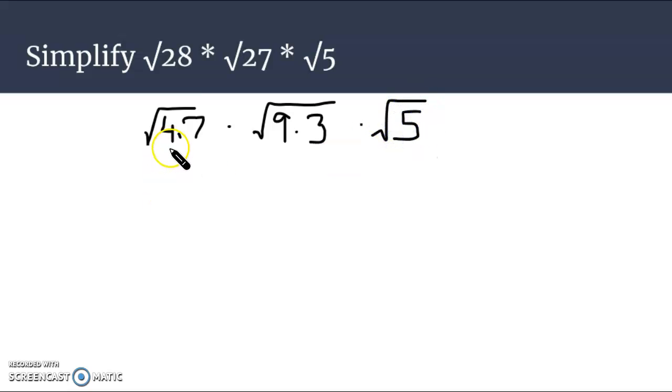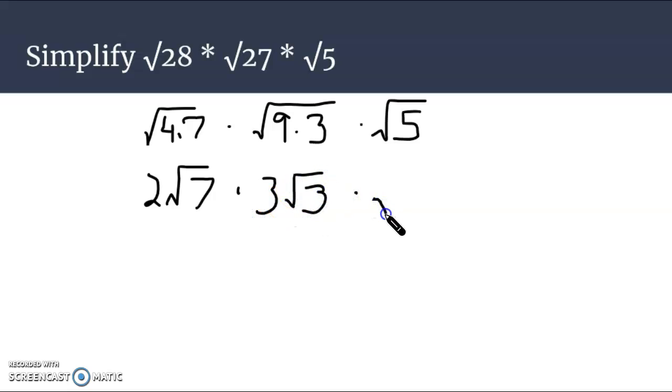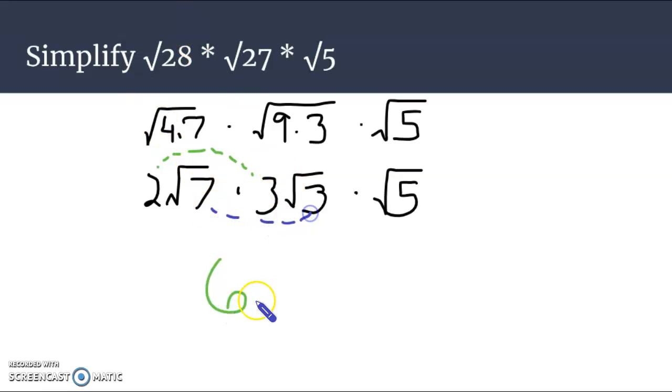All right, the square root of 4 is 2. The square root of 9 is 3. We're going to have 2 times 3 to get 6. We're going to multiply the 7 and the 3 inside the radical to get 21.